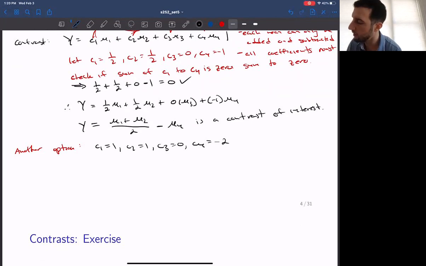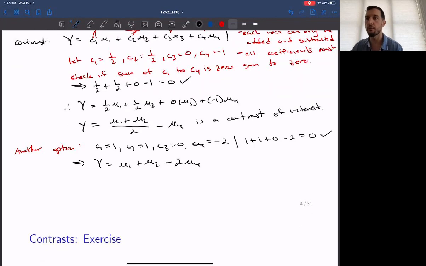That would work as well. So this gives us gamma equals mu1 plus mu2 minus 2 mu4. And we can see here that 1 plus 1 plus 0 minus 2 equals 0. Okay, so that's a perfectly viable option as well. It accomplishes the same thing. It's just written in a different way.